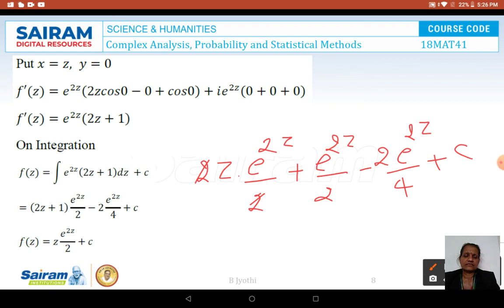So it is z into e to the power of 2z, and here it is by 2. So e to the power of 2z by 2 and e to the power of 2z by 2 will be cancelled. Here we will be getting only z e to the power of 2z plus the constant.